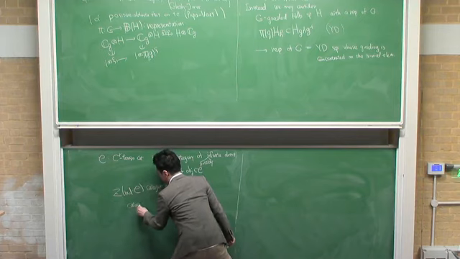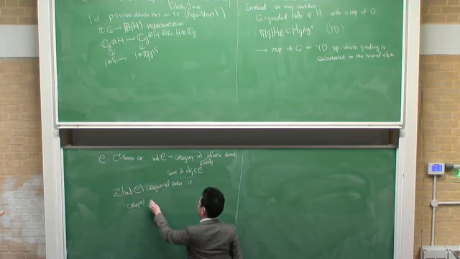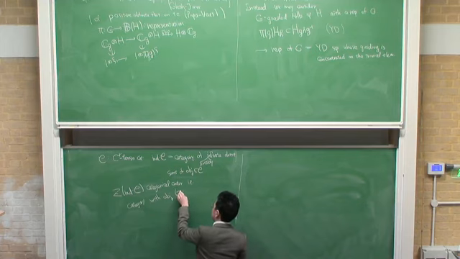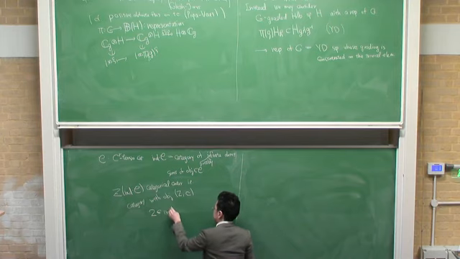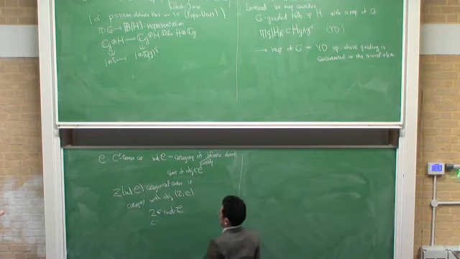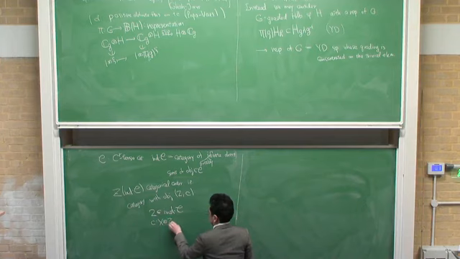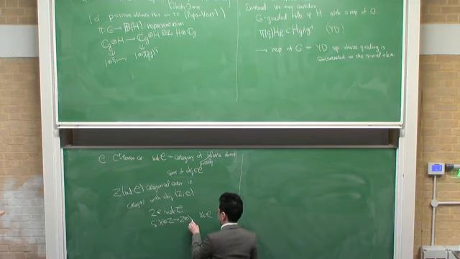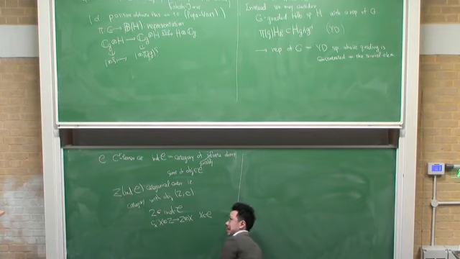The category with objects of this form: Z is an object in the ind-category of C, so just an infinite direct sum of objects of C, together with a morphism, parameterized by x in C, intertwining x tensor Z to Z tensor x.